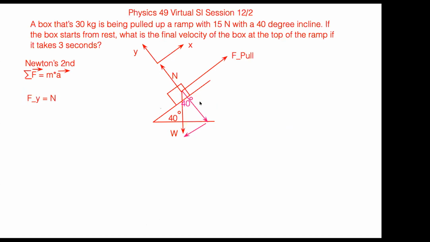If we remember our decomposition of vectors, since this arrow right here is on the adjacent side of the angle, we could say that this is weight times cosine of 40.